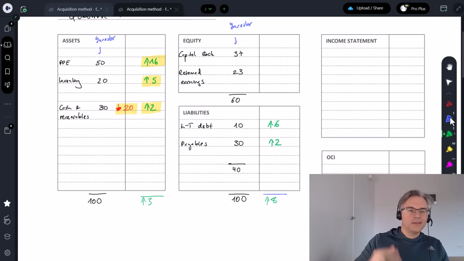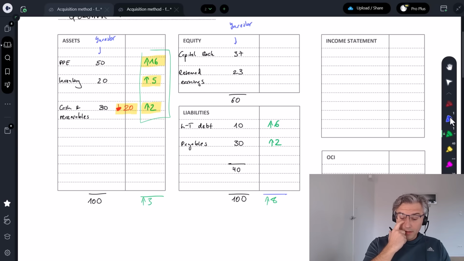Check absolutely on your own, independently, that the movements in yellow, taking into account the direction of the arrow up or down, give growth of 3. At the end of the day, what you've got over here is 16 plus 5, that's 21, plus 2, that's 23. 23 minus 20 is still 3.